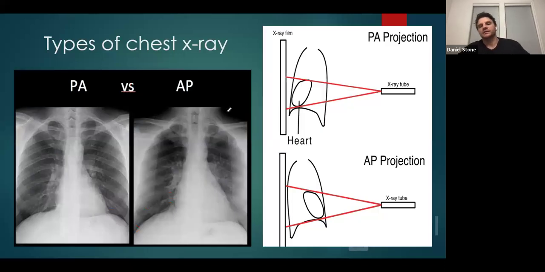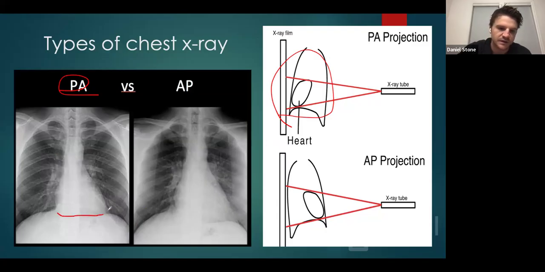This is a quick example of what the difference is between the PA and the AP. The PA is shown here, and you can see the reflection. You can basically tell that there is a difference in the heart shape.